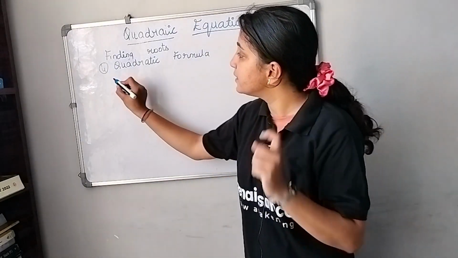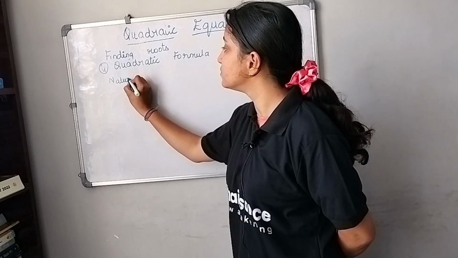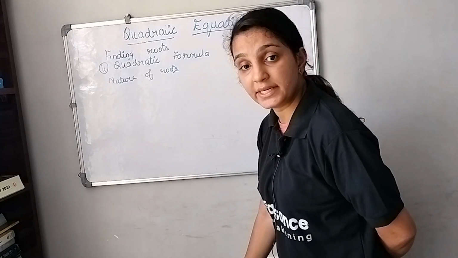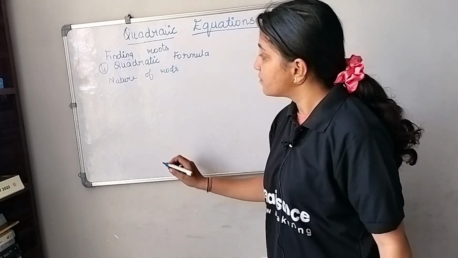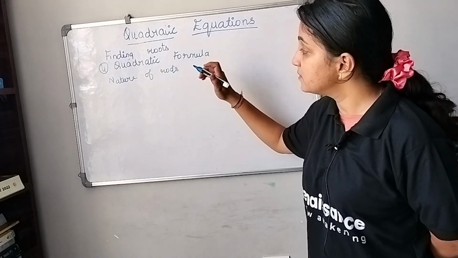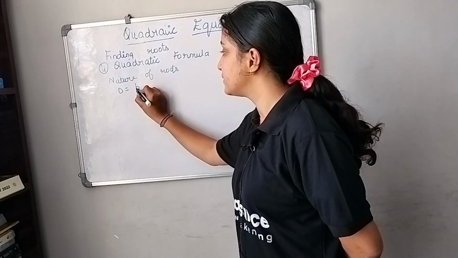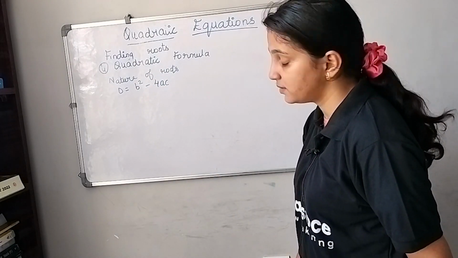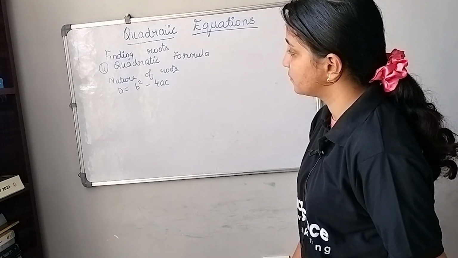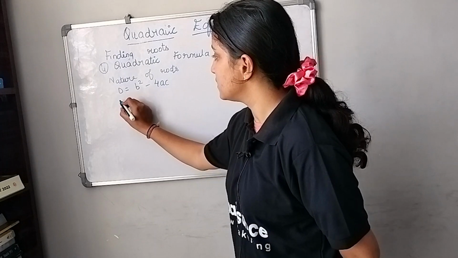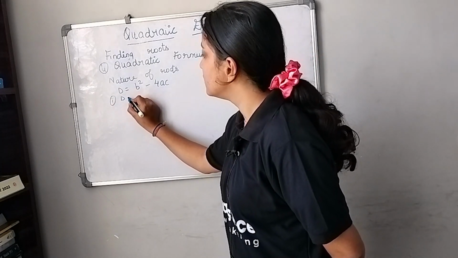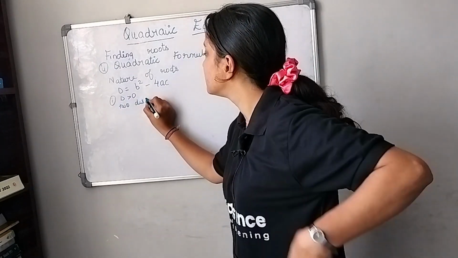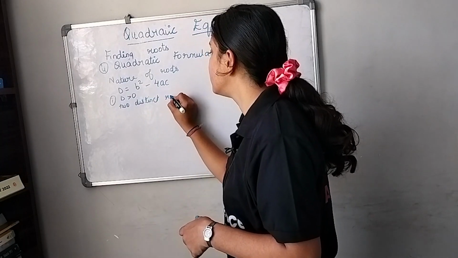In this, first you have the nature of roots. Okay, we have to get the nature of roots. The way to find the nature of roots is by this formula: D equal to b square minus 4ac. If D is greater than 0, then two distinct real roots.